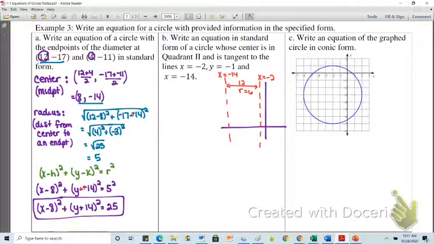I also have the line y equals negative 1. Okay, so my center is 6 away from this line. So it has to be 6 up.